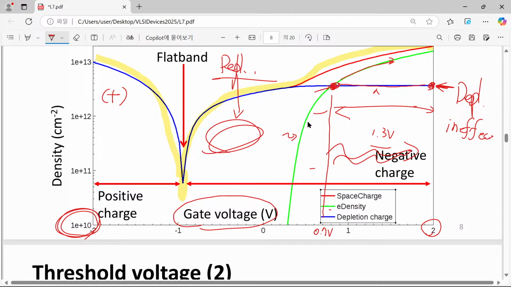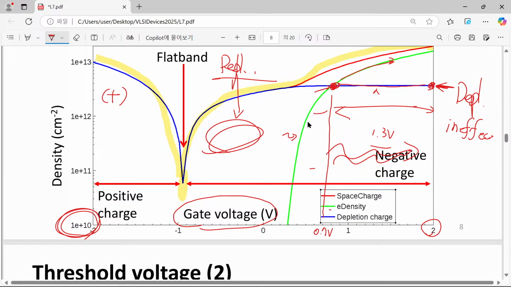Please think about this one. This is not a sole performance of our hole depletion. They are competing. I mean that there are two different mechanisms. We wanted to have a negative charge, and there are two guys.